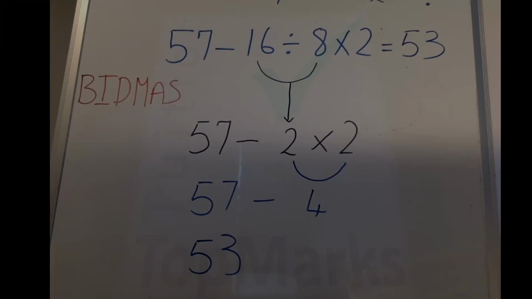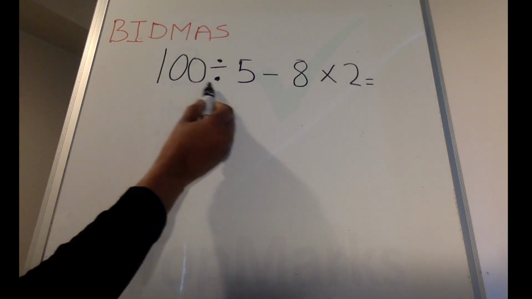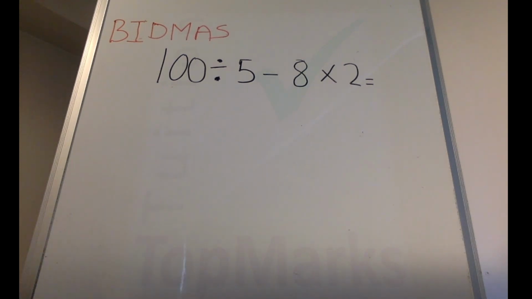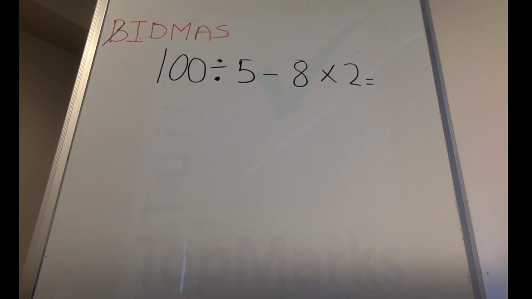Well done. Let's use BIDMAS to carry out this calculation. 100 divided by 5 minus 8 times 2. If I look at BIDMAS and I look at my calculation, I can see that I do not have any brackets and I do not have any indices.